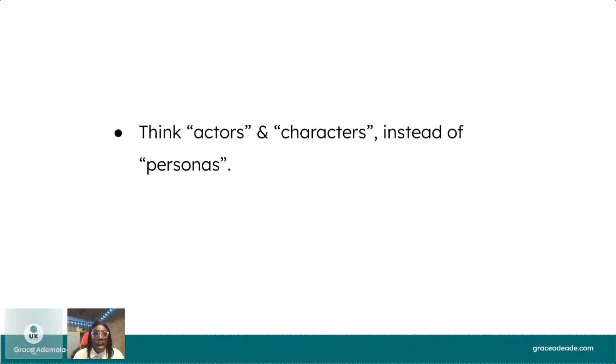Basically, I would like us to think more in terms of actors and characters rather than personas. What I mean by that, I think I've mentioned this earlier, is like an actor, for instance, Idris Elba. I like Idris Elba, so I'm using him as an example. An actor could, in the same movie, act different characters, or in different movies act different things.